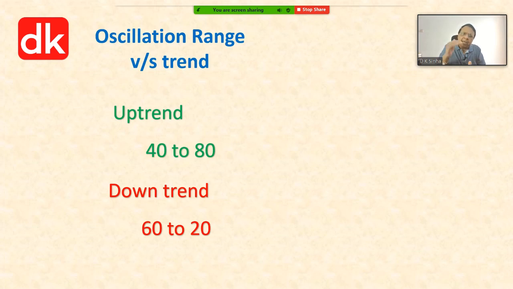The pullback will be arrested up to 60. It will not go beyond 60 in a downtrending market. Once it breaches 60, then we should analyze the price and volume action from a different perspective as to whether the market is changing the trend, because the texture of the market will change. That we'll understand today when we go through the price chart.